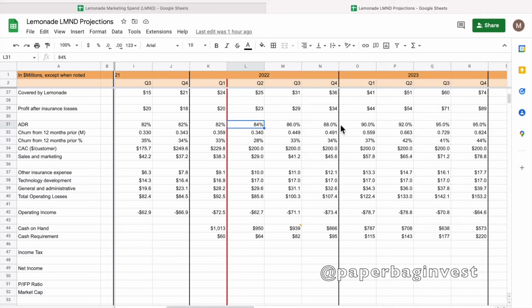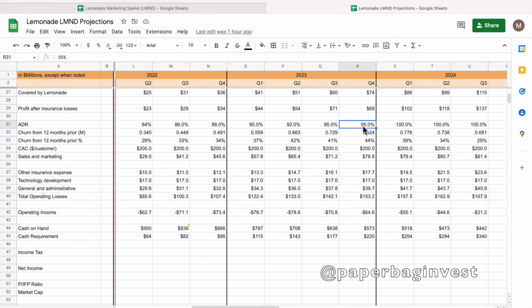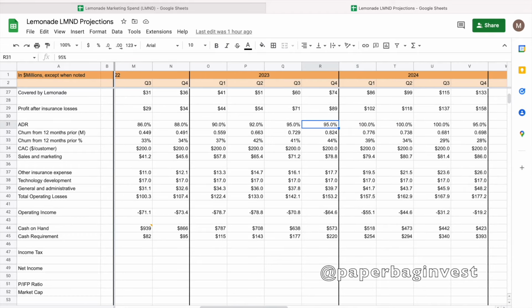So I have that increasing up to about 95, 100% even by 2024. I remember reading some data, I think from Illinois, where annual dollar retention was more like 90% for car. So I'm hoping that can continue increasing as more and more people adopt car. You still can have churn on a 12-month basis.